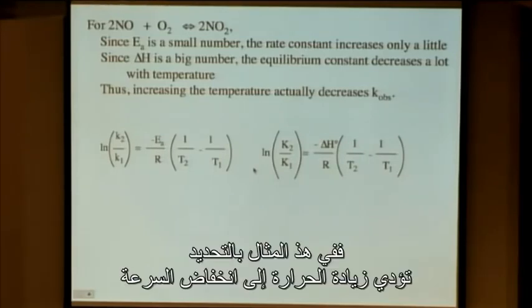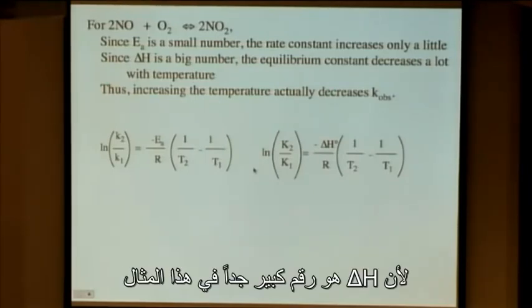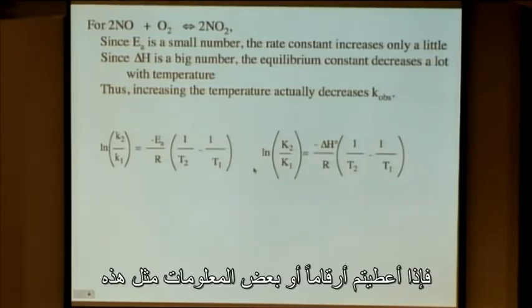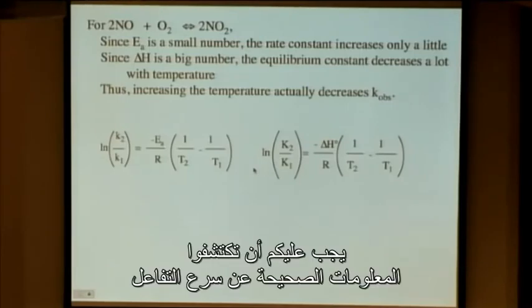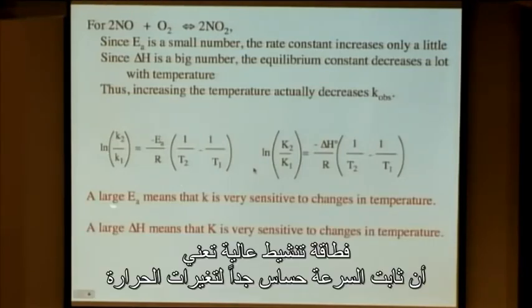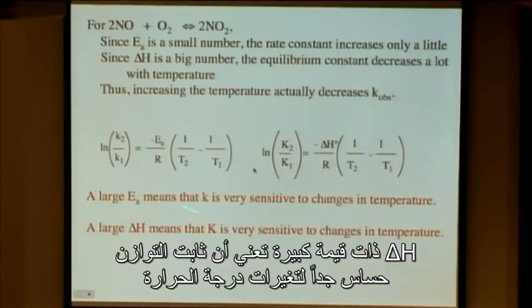So in this particular example, increasing the temperature actually decreases the observed rate because delta H is a much bigger factor. If you were given numbers or some information like that, you should be able to rationalize what might be true about the rate of the reaction. A large activation energy means that the rate constant is very sensitive to changes in temperature. A large delta H means the equilibrium constant is very sensitive to changes in temperature.